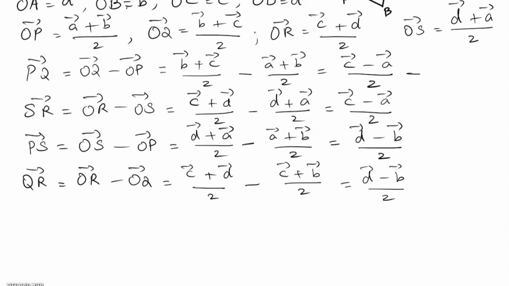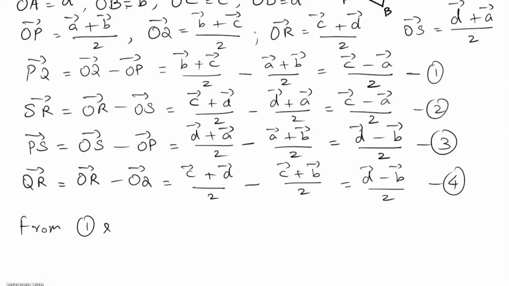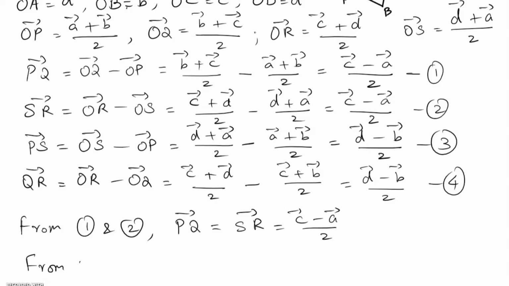Now let me define these as 1, 2, 3, and 4. From 1 and 2, we can say PQ is equal to SR. They are both equal to C minus A by 2. And then from 3 and 4, you can say PS is equal to QR.